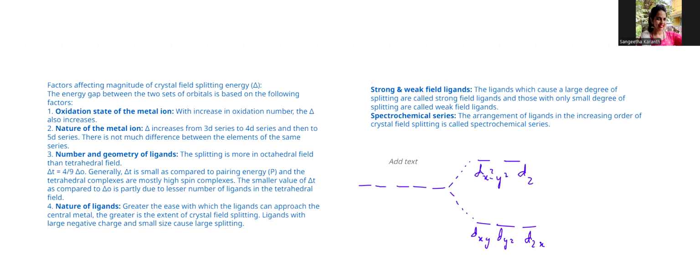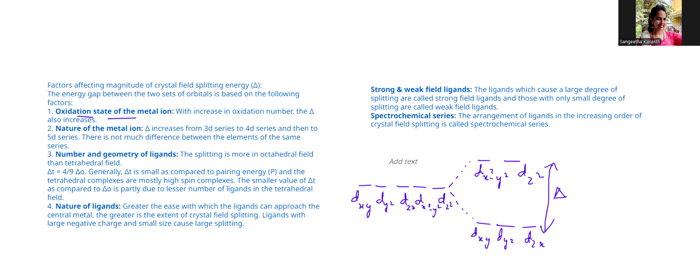These were already degenerate. Now this particular delta, the magnitude of the crystal field splitting energy, depends on various factors. So what are the factors?